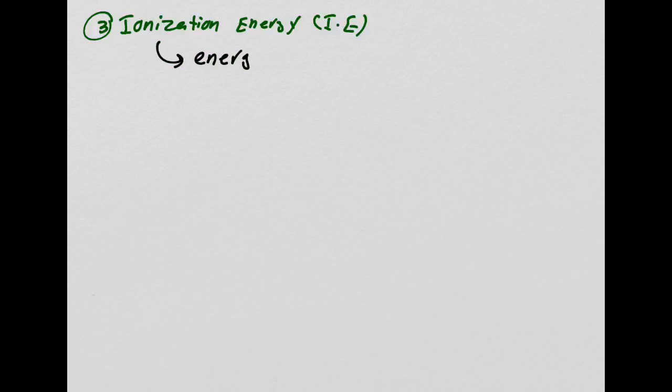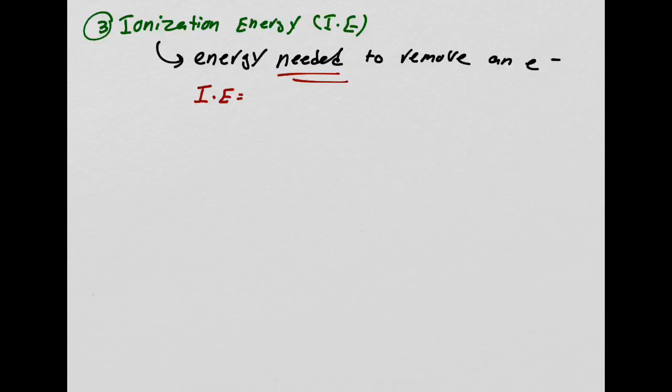Ionization energy is energy needed to remove an electron. You need energy to remove an electron. So ionization energy will always be positive, because you require energy in order to remove an electron.